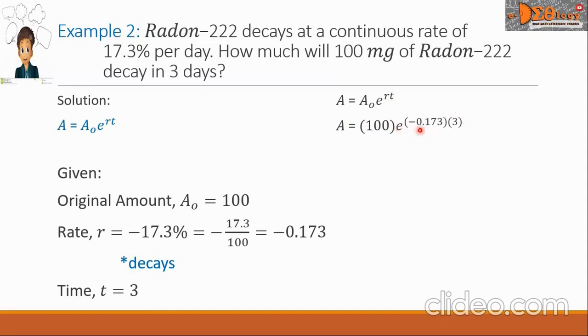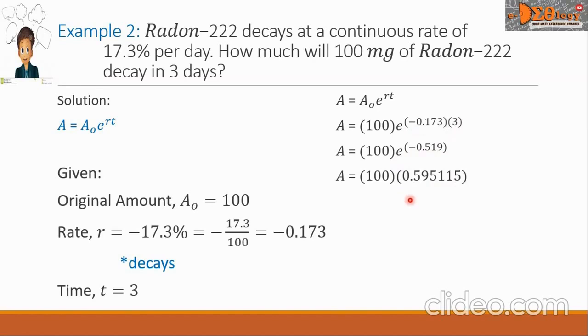Let us simplify our power. Let us get the product of this negative 0.173 and 3. We will have this negative 0.519. Let us use our calculator to simplify this constant, E raised to negative 0.519. And we will get this 0.595115.